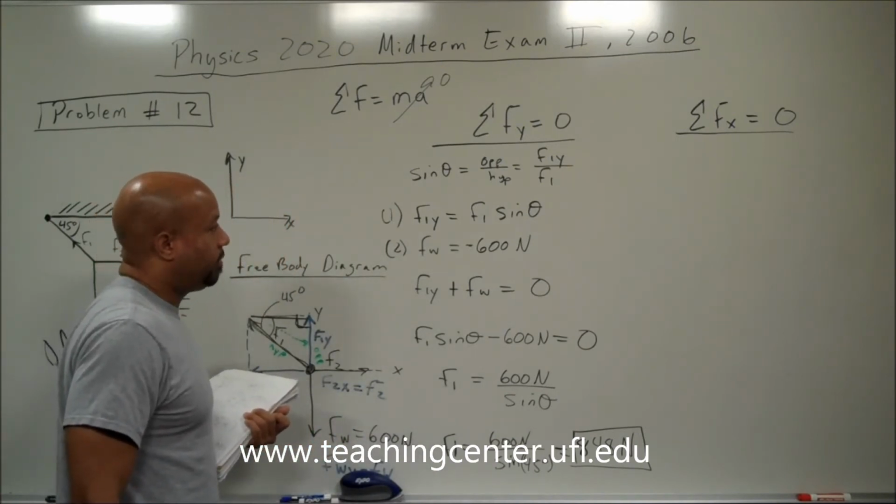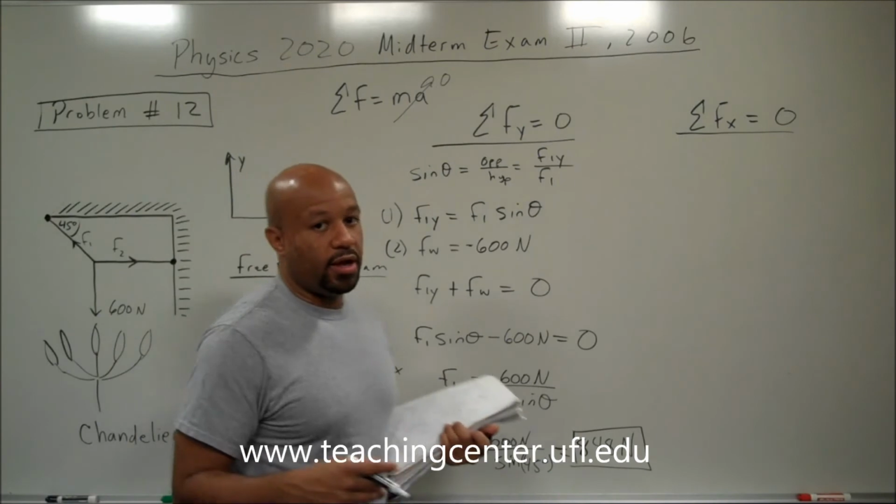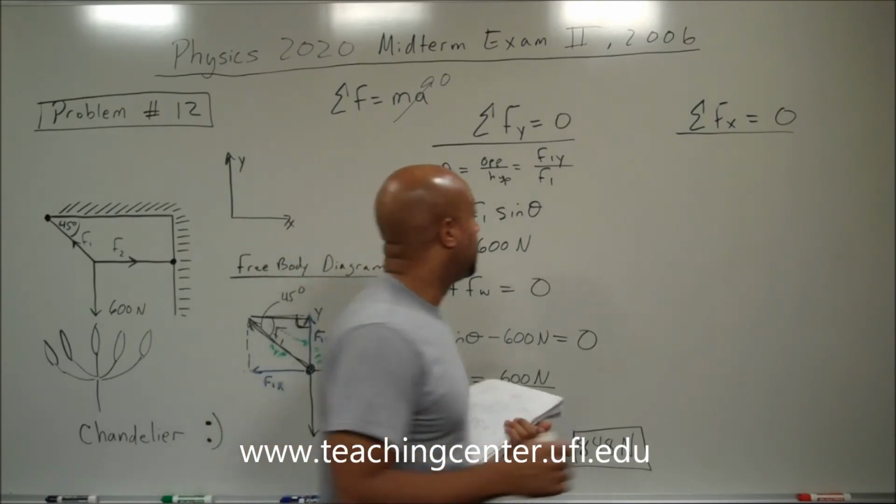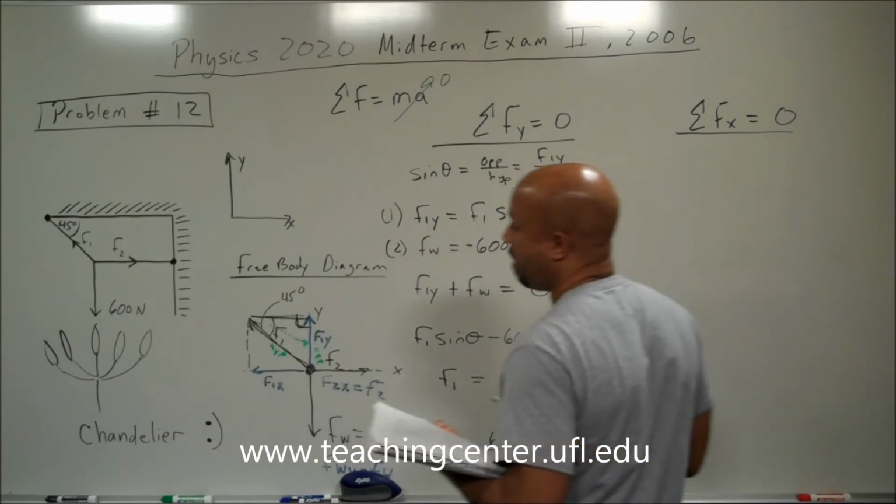Now, we can do the same. We can find all the x components, all the forces acting in the x direction, and sum those. So what do we have acting in the x direction?